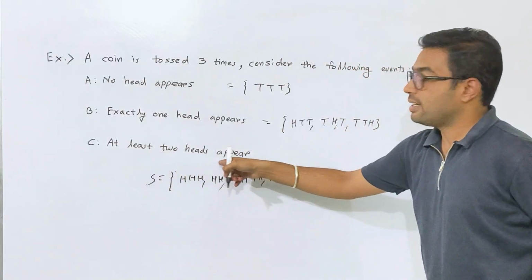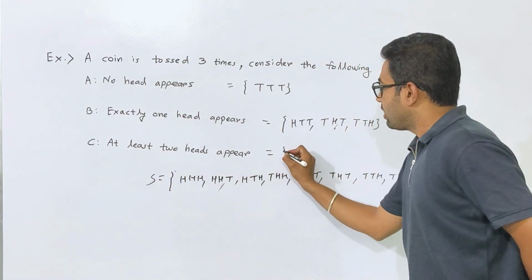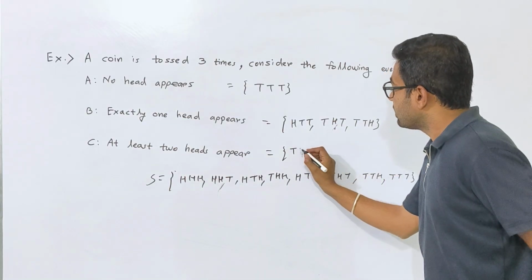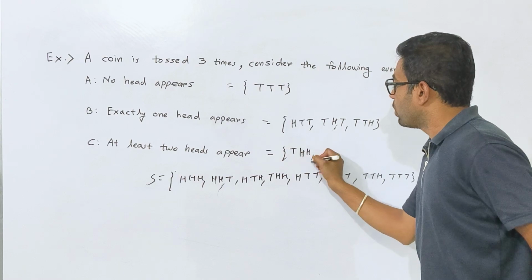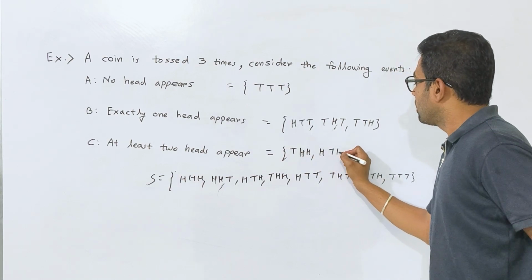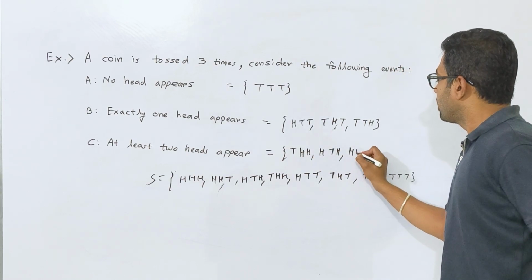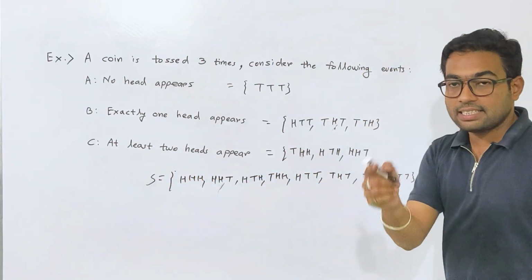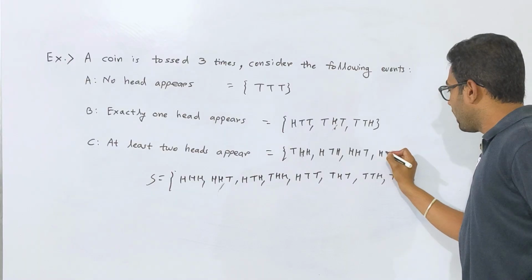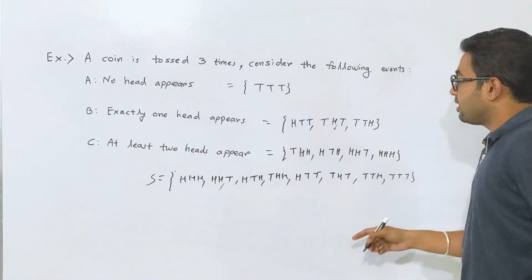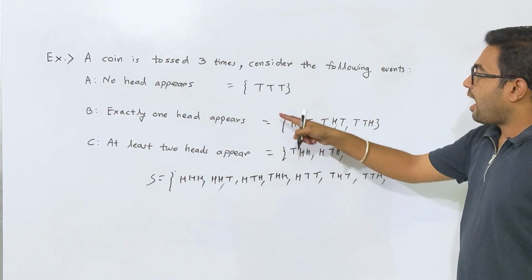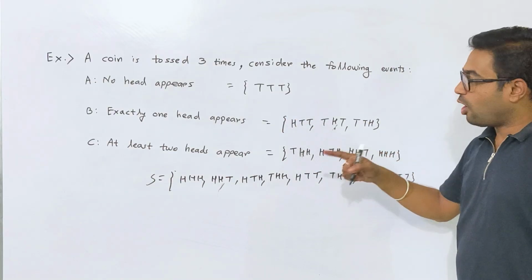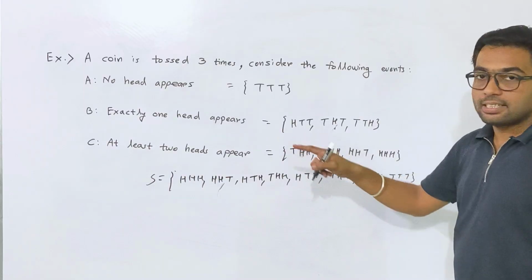At least 2 heads appears means there is 1 tail and 2 heads. At least 2 heads means 3 heads is also fine. So HHH.